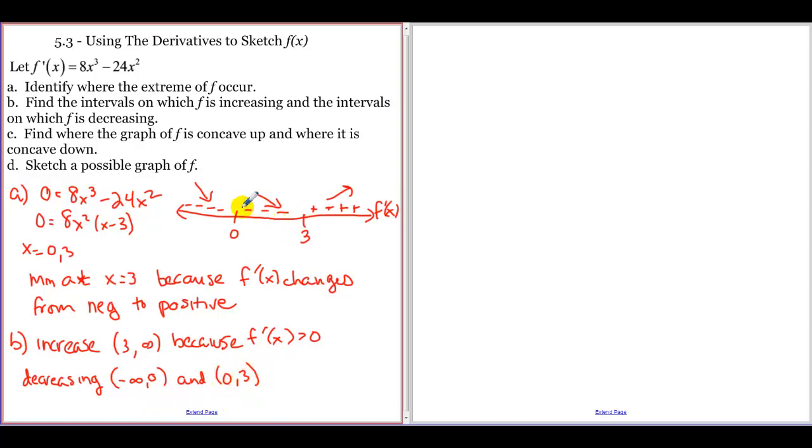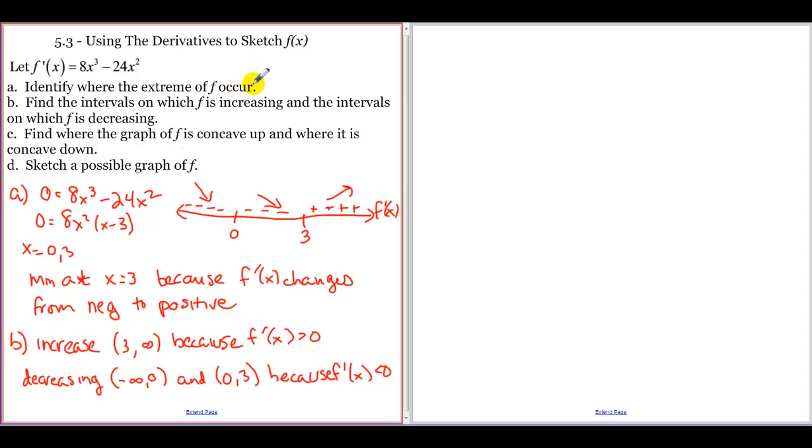Notice how I broke that out because at 0, technically we're neither decreasing nor increasing. And that's because f prime of x is less than 0. And I forgot my e.